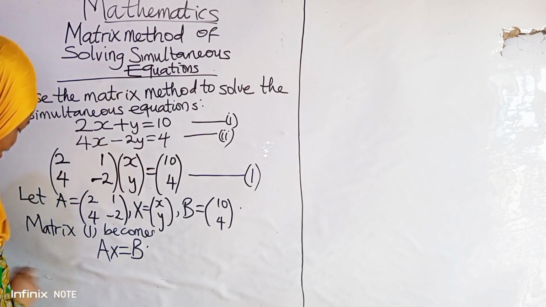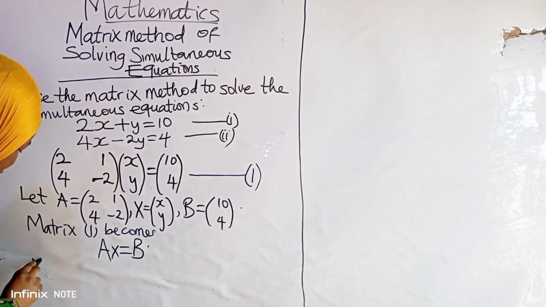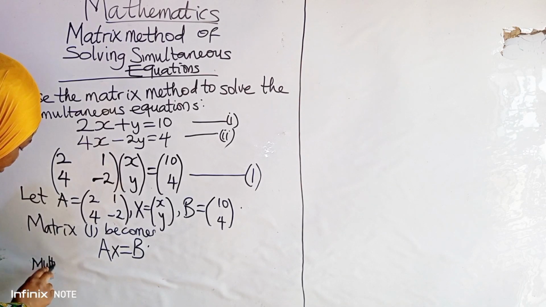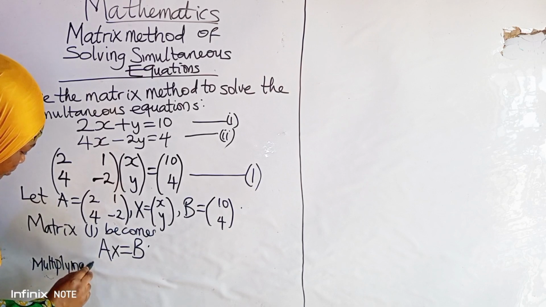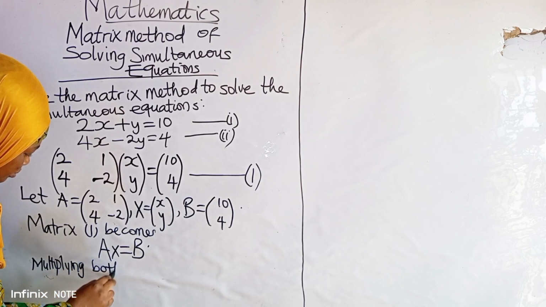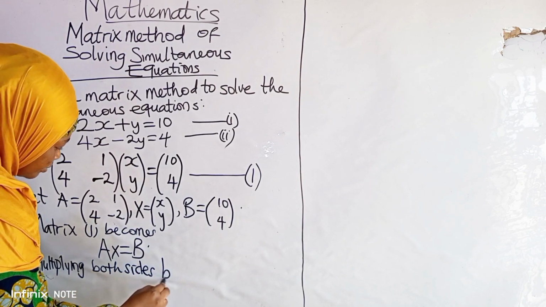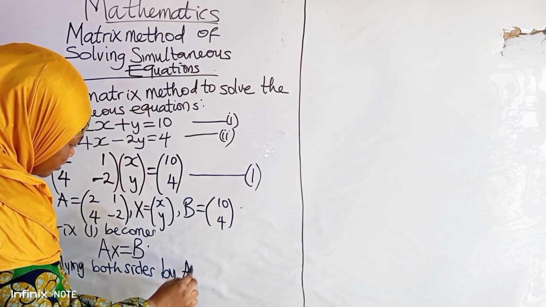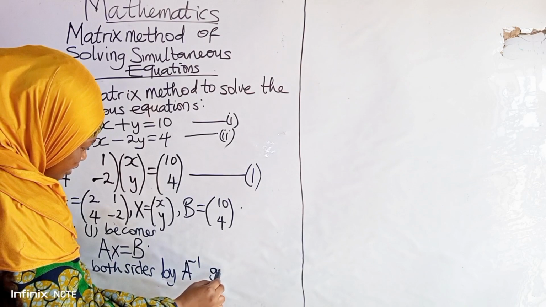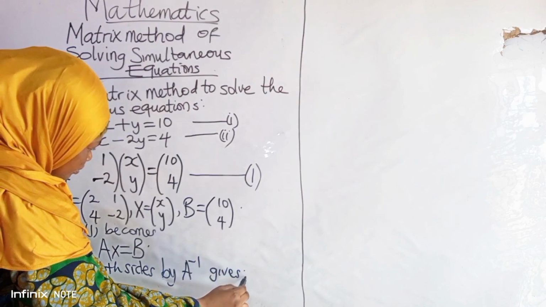So how do we go about that? To find X, we multiply both sides by the inverse of A. Multiplying both sides by A inverse gives the following.